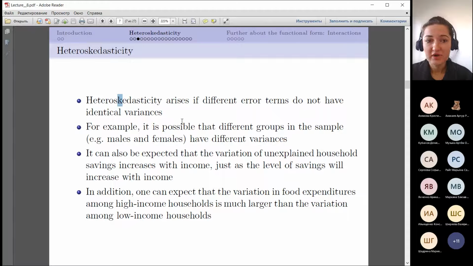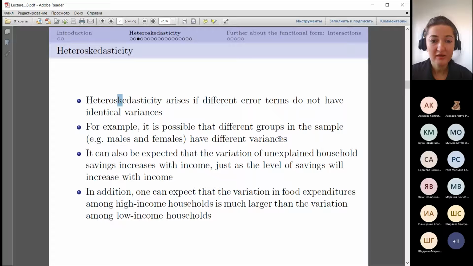So let's provide some examples of the heteroscedasticity problem. Let's say that in our sample we have different groups of respondents. For example, we have males and also females, and we can assume with high probability that they have different variances, for example in income, in health status, or some other indicators. So it can be expected that the variation of unexplained household savings increases with income.